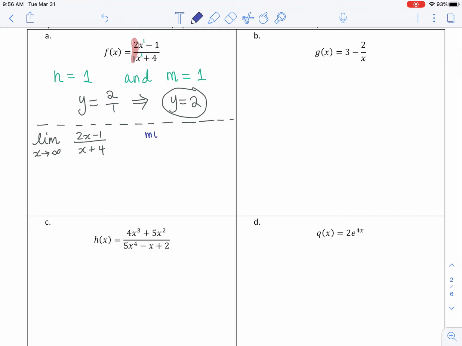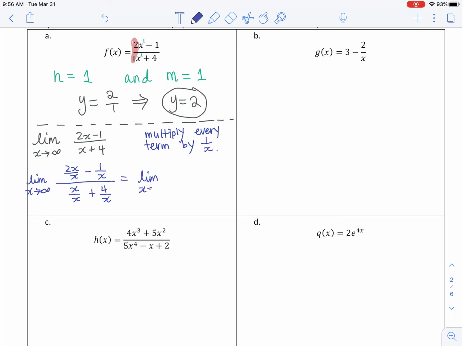Remember the little trick? What did we do here? We will multiply every term by 1 over x. Okay, so what's that going to be? That's going to be the limit as x approaches positive infinity of 2x over x minus 1 over x, all over x over x plus 4 over x.